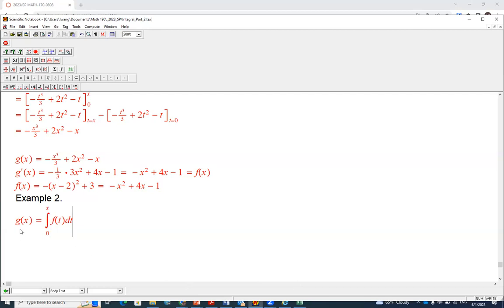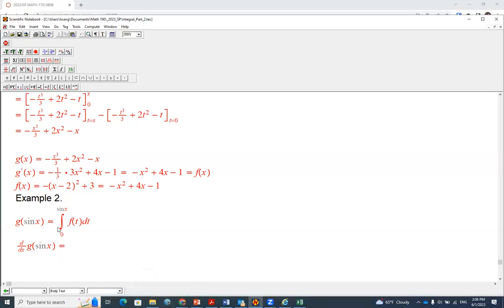Suppose I have a G of sine X. If I want to find the derivative of G in this new function, what do I do?